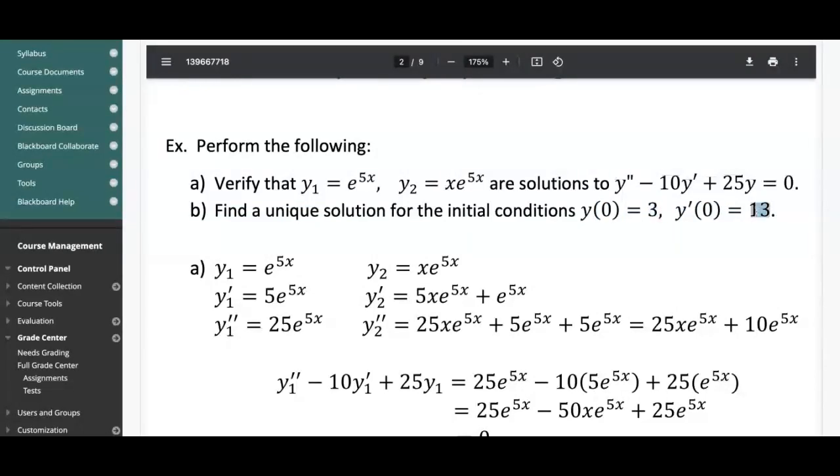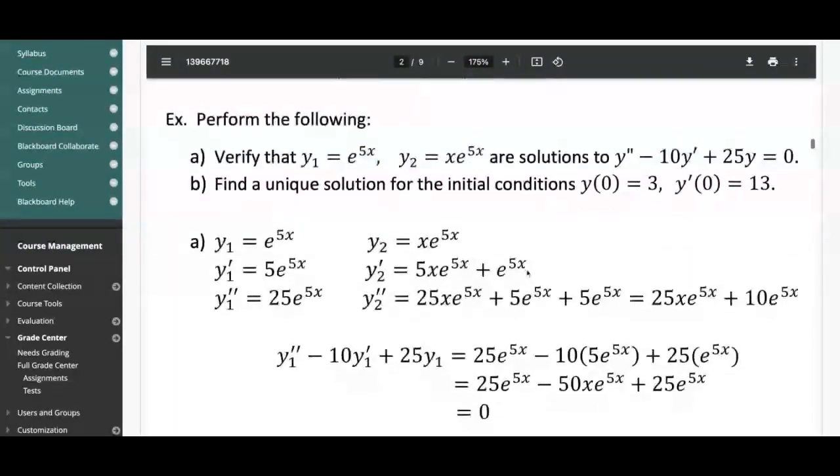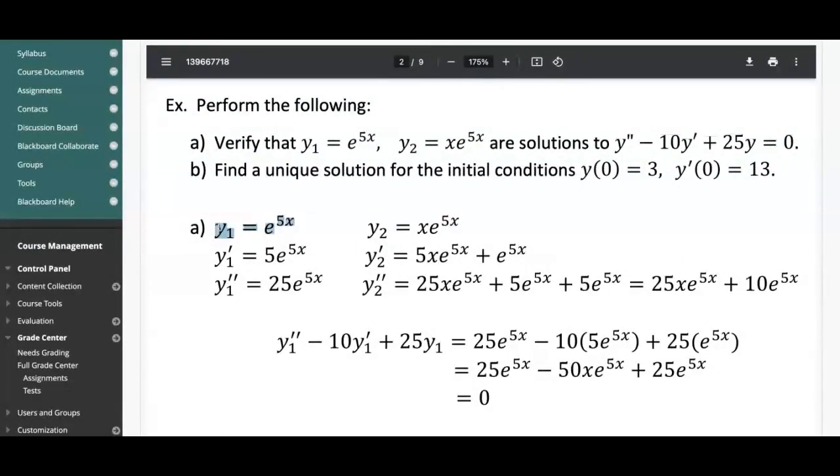So y1 equals e to the 5x, y1 prime will be 5 times e to the 5x, and y1 double prime will be 5 times 5, 25, e to the 5x. For y2 equals x e to the 5x, by the product rule, y2 prime will be 5x e to the 5x plus e to the 5x.